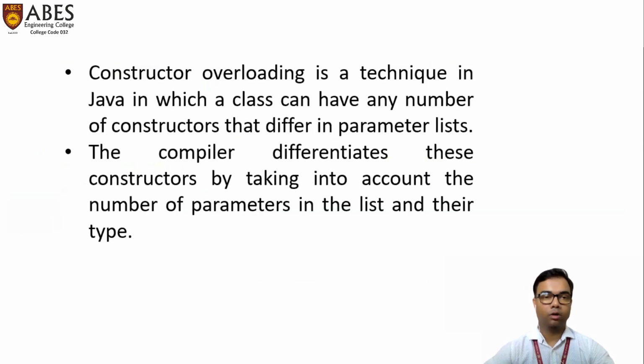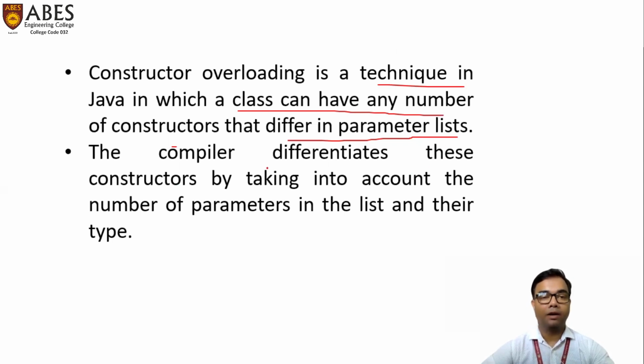So we have already studied constructor overloading. So what is constructor overloading? Basically it is a technique in which a class can have any number of constructors that differ in the parameter list. That we have already seen in our example also. We have created two constructors, one with two arguments, ID and name, and another with no parameters. Okay.